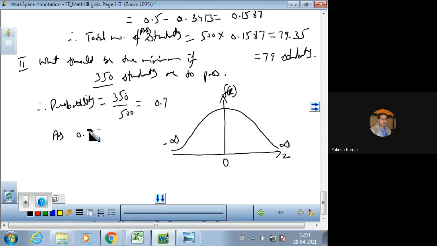As 0.7 is greater than 0.5, it means we will have the area 0.5 on the right side and 0.2 on the left as well, so take a little area on the left. So we have this area marked with dots.